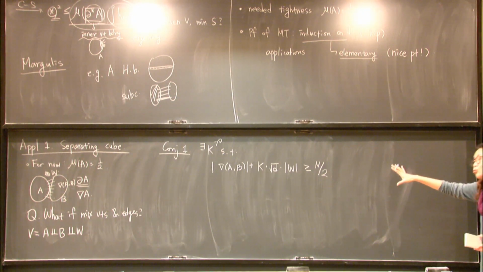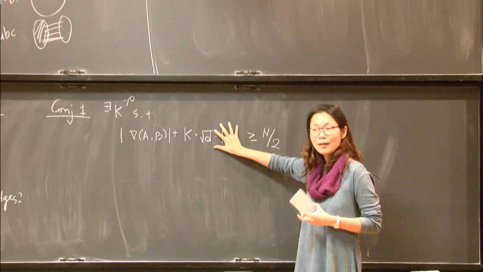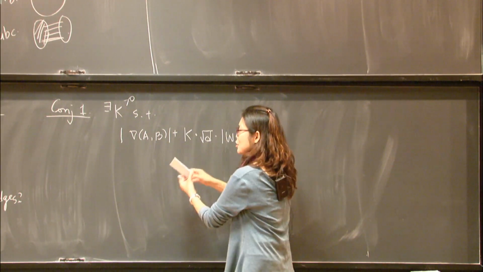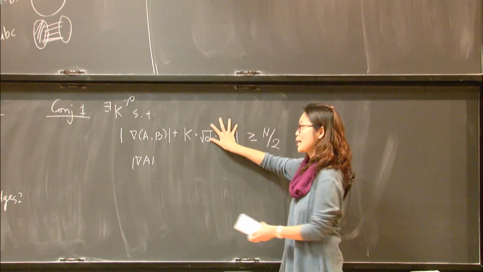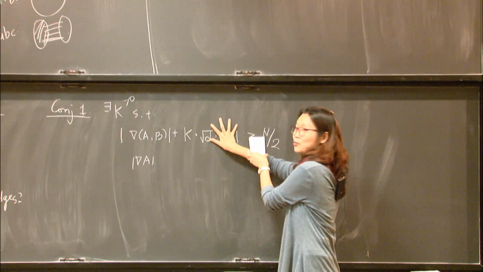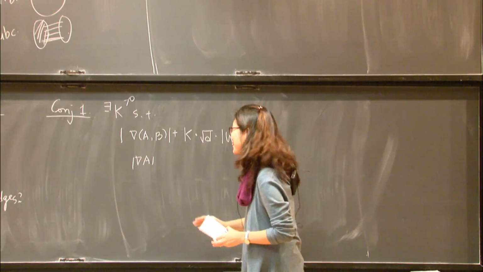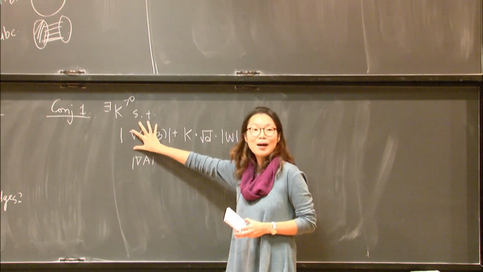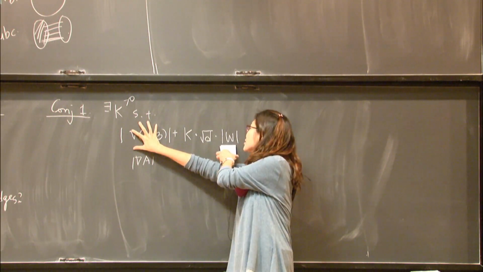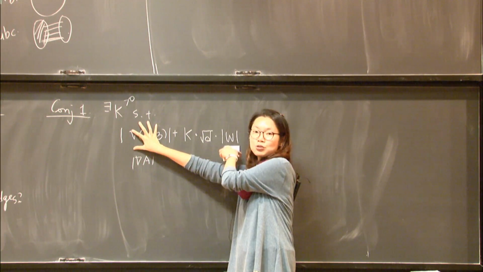And so do you see some motivation of this conjecture? For example, if we decide not to use the edges, then this is just the vertex boundary of A, right? And in this case, the vertex boundary of A is at least n over 2. And if we decide not to use any vertices, then this is the edge boundary, thank you. To isolate A, W contains the vertex boundary of A. So this inequality is true.